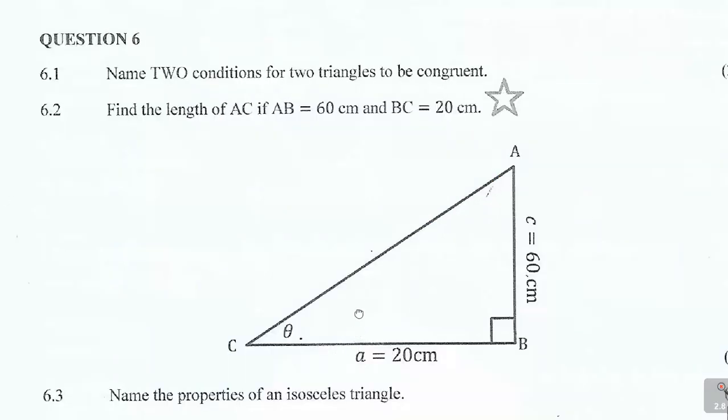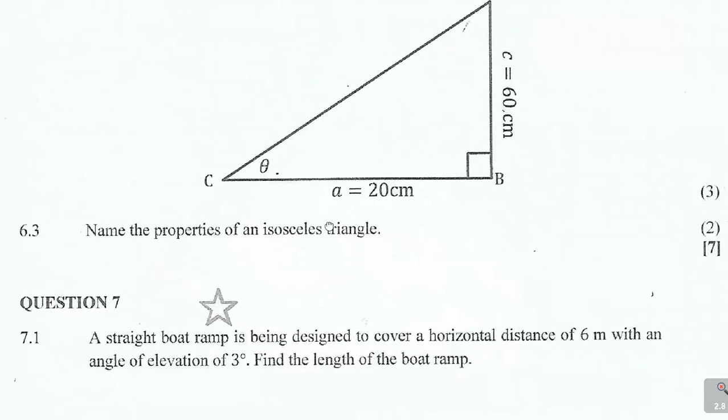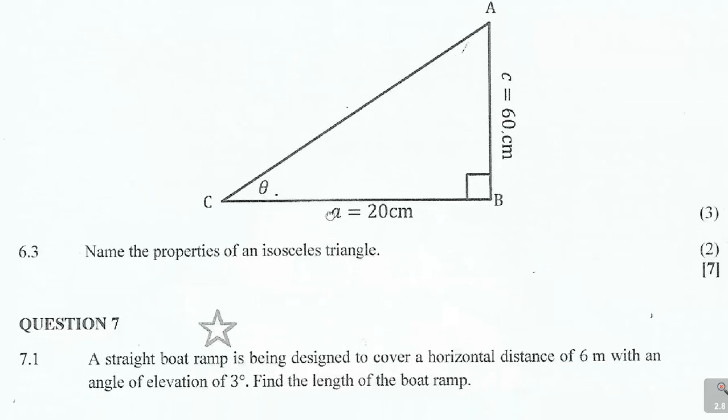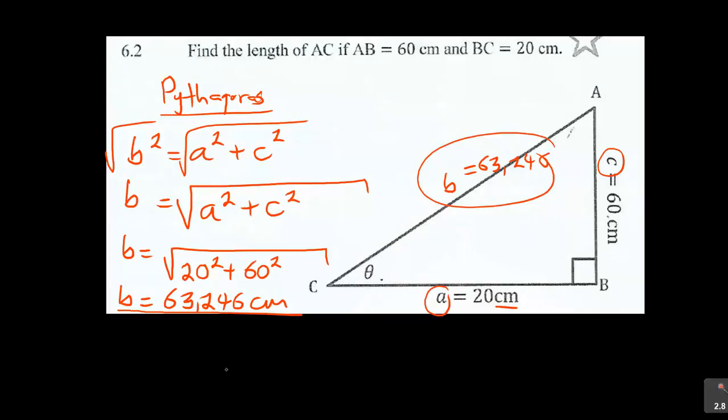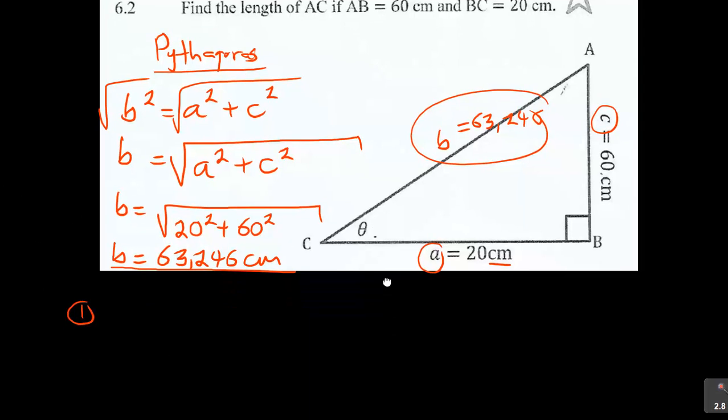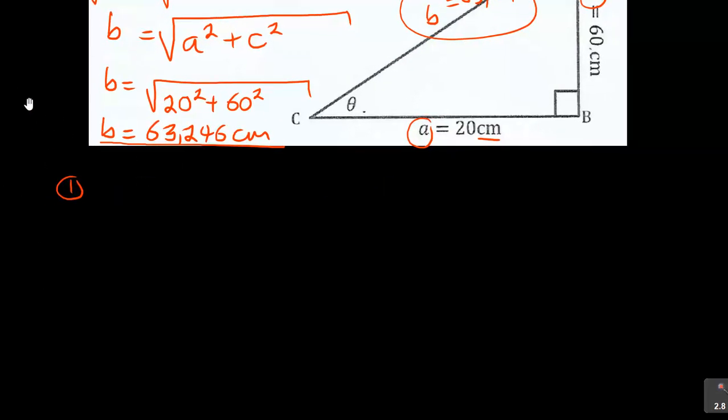All right, that was 6.2. And then 6.3. It says name the properties of an isosceles triangle. We need to name the properties of an isosceles triangle. Now, how do I know all the properties of an isosceles triangle?